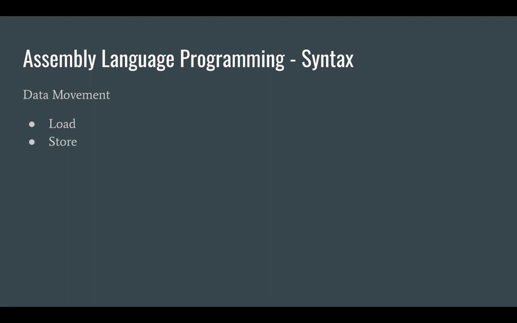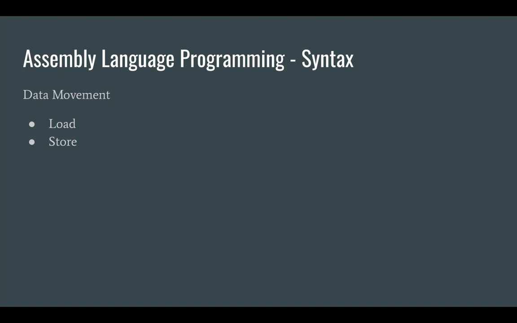Okay, so first of all, syntax. We can broadly break these up into different categories. We've got data movement instructions, which is basically loading data from memory locations into registers.